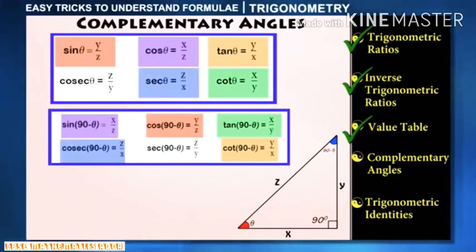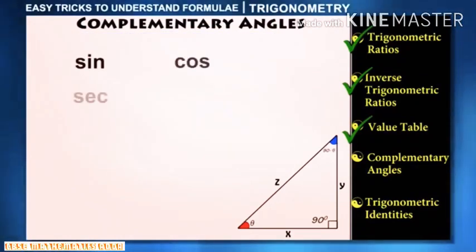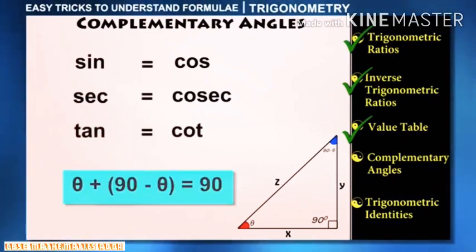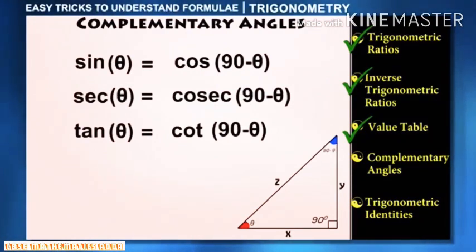Same thing happens with cosec and sec too. So understand that sine, cos, sec, cosec and tan, cot, these pairs are equal for the two angles whose sum is 90 degrees. And hence these pairs are called complementary.